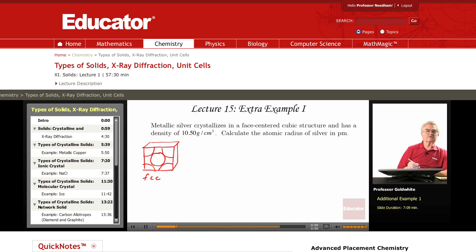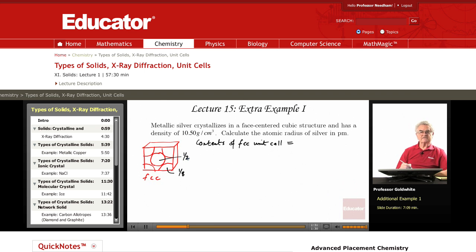Now, how many silver atoms does a unit cell contain? Each of the corner atoms is 1/8 within the unit cell, and each of the face-centered atoms is 1/2 within the unit cell.